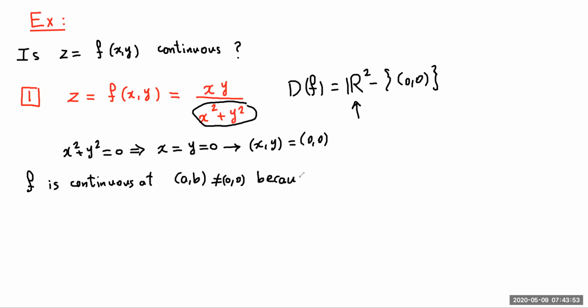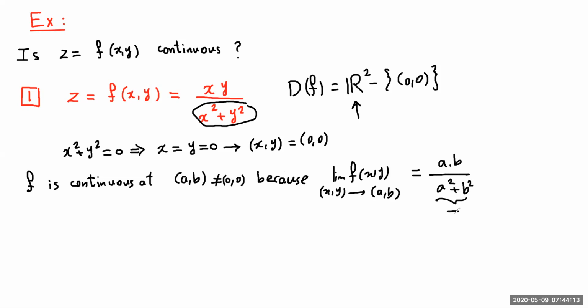Because the limit of f(x, y) when (x, y) approaches (a, b), if I suppose (a, b) is different from (0, 0), will be a times b over a squared plus b squared, and this term down is not 0. So this is f(a, b). So my function f is continuous at the point (a, b).